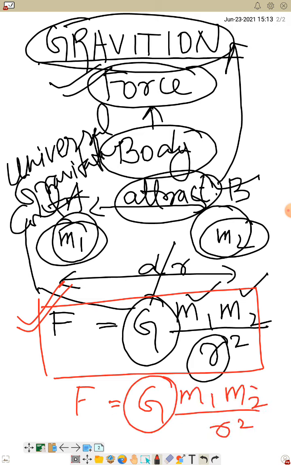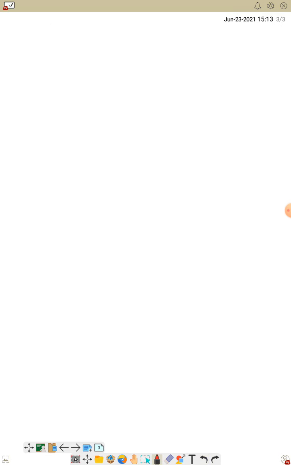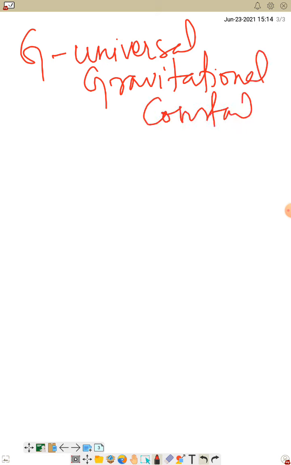And what is this G? G is the universal gravitational constant. It's a constant. You will learn these things in much detail in the higher classes. Now what is the value of this G?